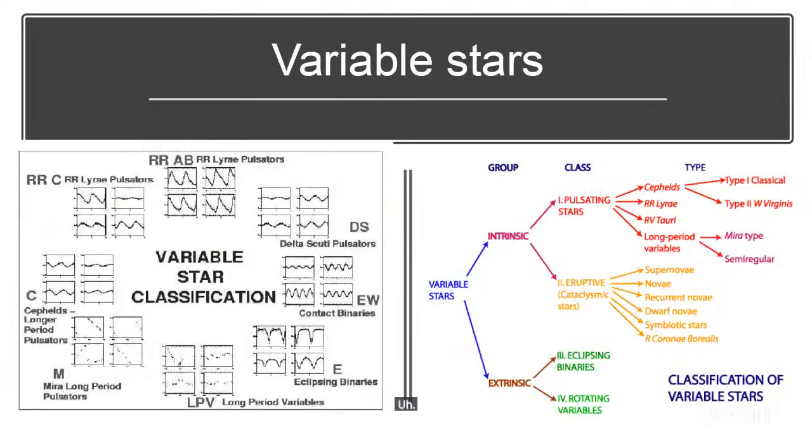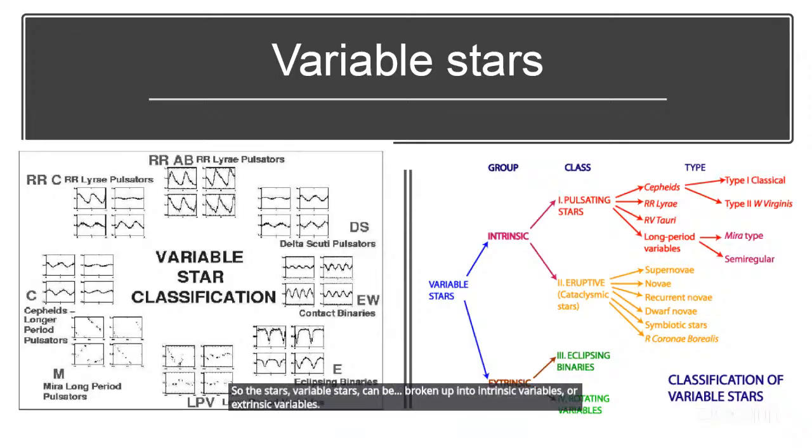Another place where it is being used is the classification of variable stars. Variable stars can be broken up into intrinsic variables or extrinsic variables. These are the two major groups.